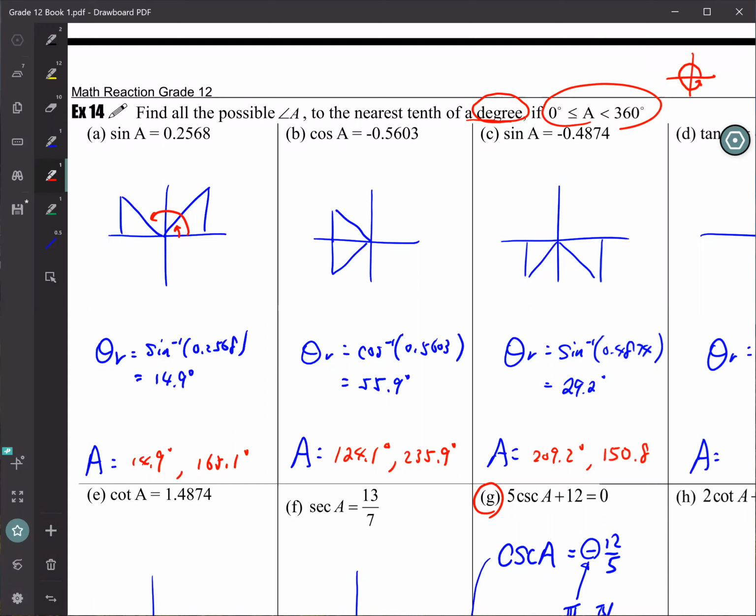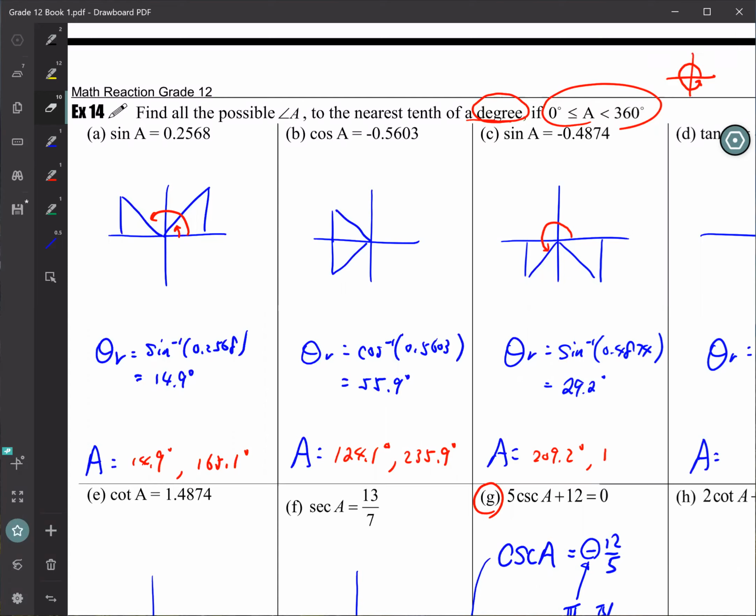Too small. The second one, right? Look at the picture. The first one is 180 plus the reference, right? I think I subtracted it. How do you get the second one? What's the step? 180 plus 29.2. That's the first one.